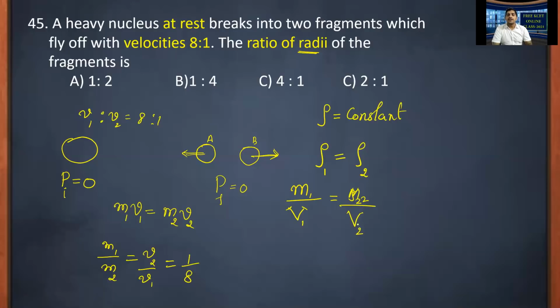Now, what is the volume? The nucleus is spherical in shape, so volume is 4 by 3 pi r cube. So 4 by 3 cancels, pi gets cancelled, only the r cube term remains. So I can write m1 divided by r1 cube is equal to m2 divided by r2 cube.